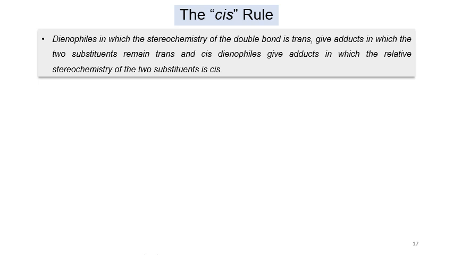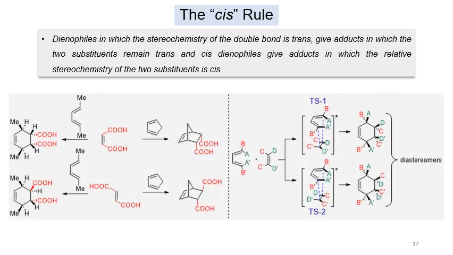What about the dienophile? What about the stereochemistry of the dienophile? If the dienophile is trans, then in the adduct, the two substituents will remain trans. If the two substituents are cis in the dienophile, then in the cycloadduct, they will remain cis.